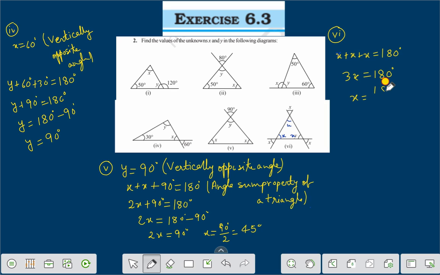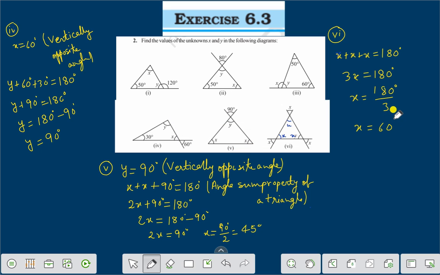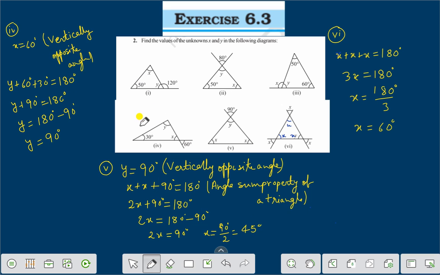Or x can be written as 180 degrees divided by 3. Therefore x is equal to 60 degrees.